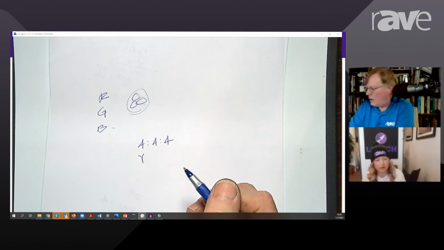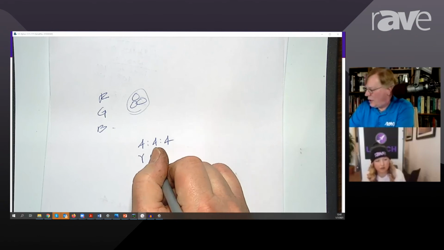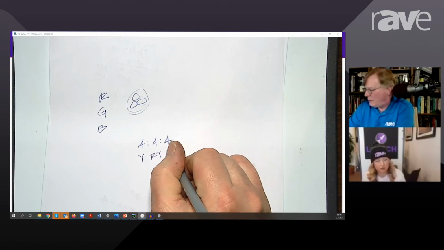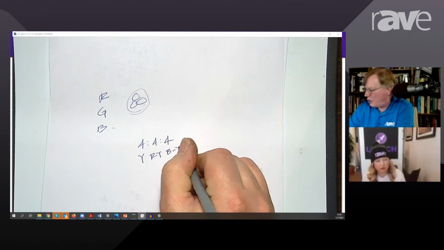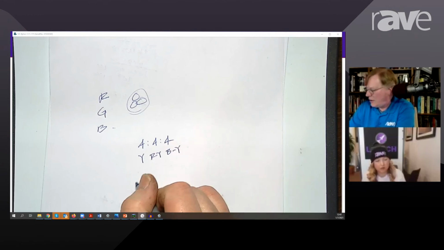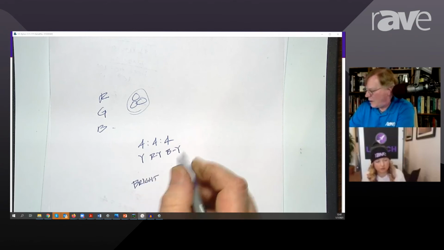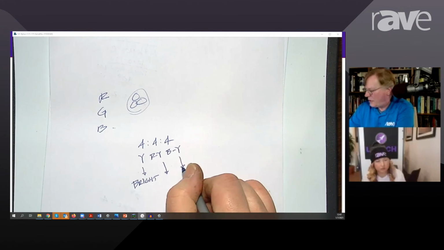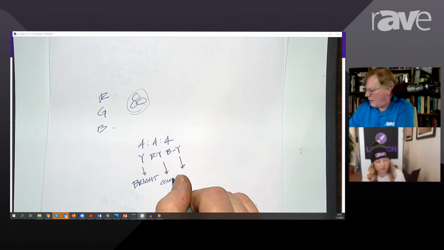And then we're going to do the red minus the luminance and the blue minus the luminance. In other words, this channel is going to carry all of my brightness information. And then I have 2 channels that carry my color information.